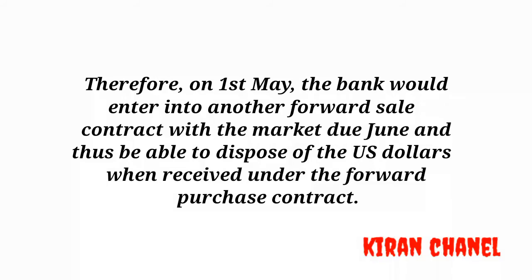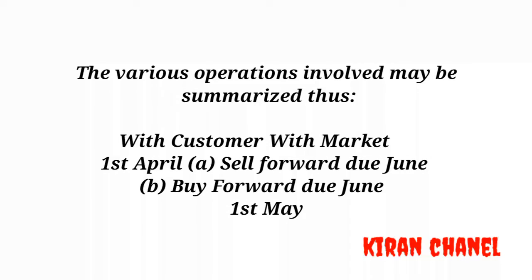Therefore, on 1st May, the bank would enter into another forward sale contract with the market due June and thus be able to dispose of the US dollars when received under the forward purchase contract. Various operations involved may be summarized.